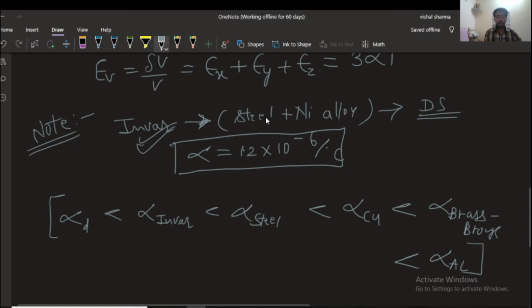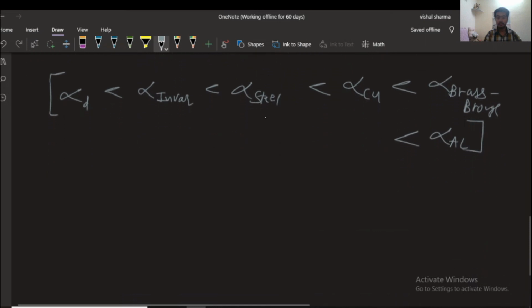So now we are moving to case number second. First we will discuss the variation of change in length due to the temperature change phenomenon.